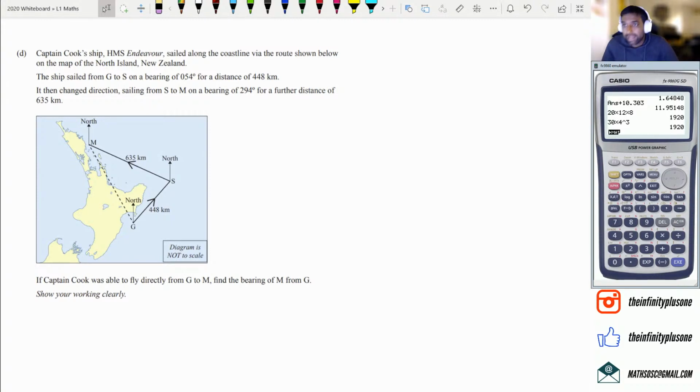So, how do we actually go about answering these types of questions? The first idea is this. Bearings, no matter where they start, like if they give you a bearing of 54 degrees, north always starts at 0. This is just a little tip before we start. So this right now is 0 degrees.